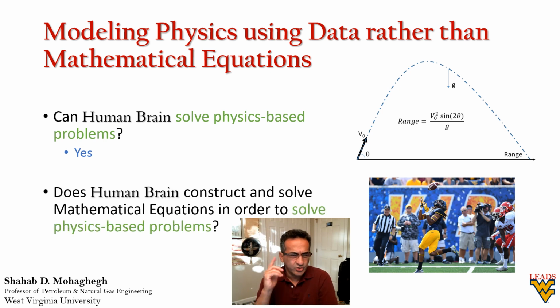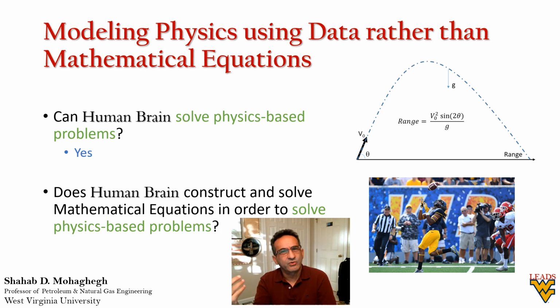So the question is, does the human brain construct and solve mathematical equations in order to solve this physics-based problem? In other words, the receiver that catches the ball, when he sees the ball is thrown by the other person, does he build an equation, the equation that you see, or something similar to that?